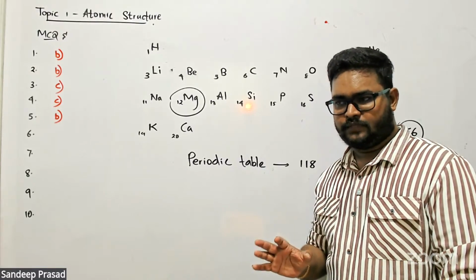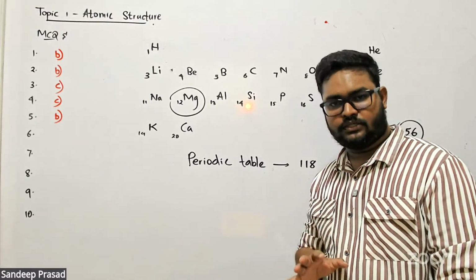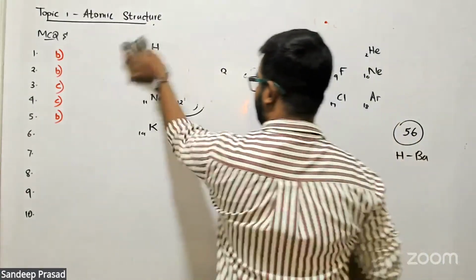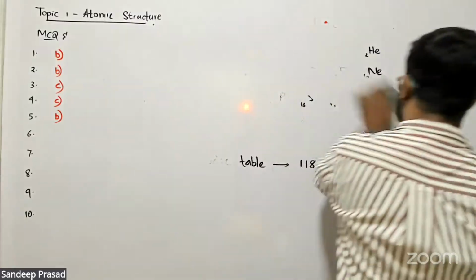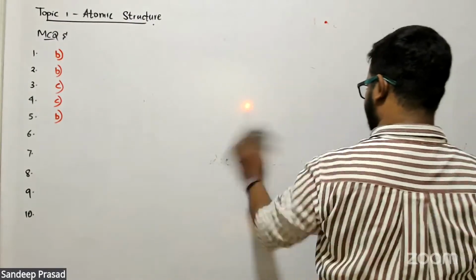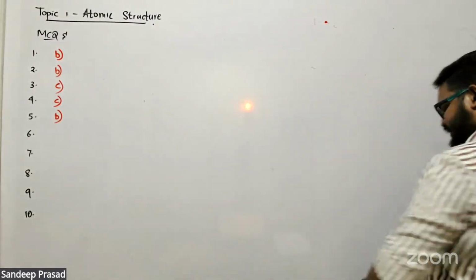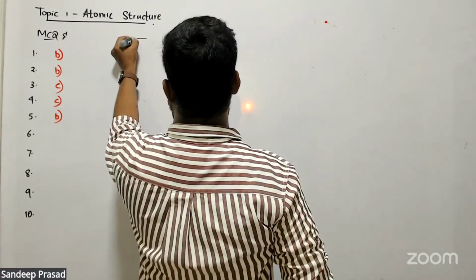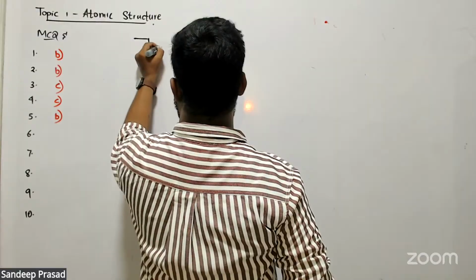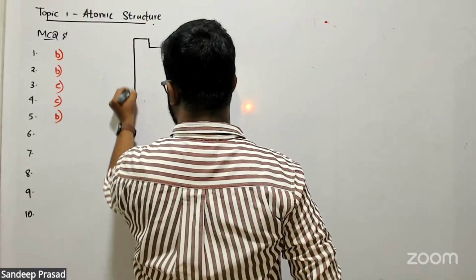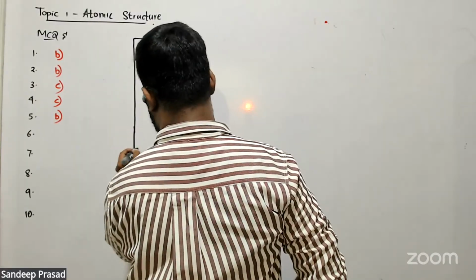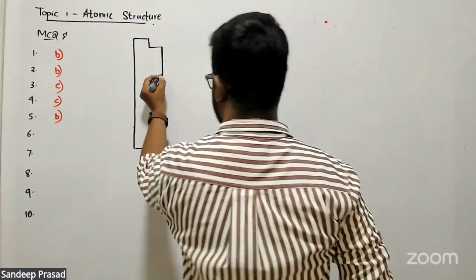Those elements belong to the d block. Do you know that the periodic table can be classified blockwise? The structure of the modern periodic table looks like this.